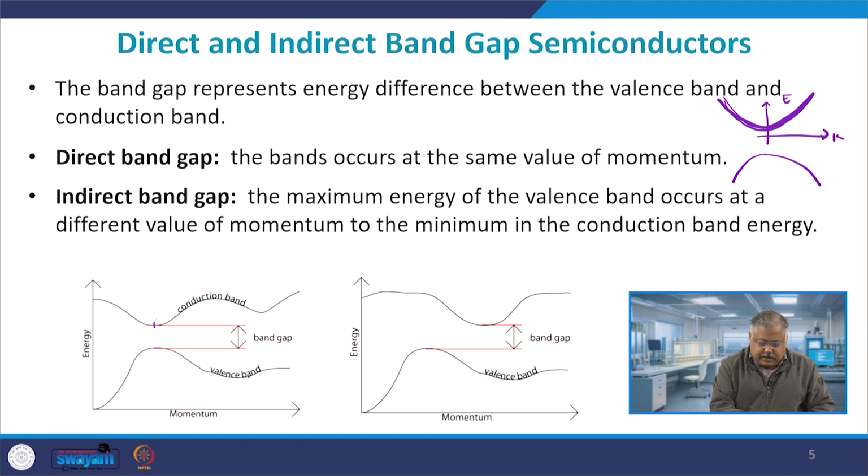The minima of my conduction band and the maxima of my valence band are on the same momentum scale, which means that the momentum is exactly the same, and this is known as direct band gap, which means that they are one over the other and not shifted in K. Whereas, if you look at the indirect band gap material, the maximum energy of the valence band and the minimum energy of the conduction band do not lie on the same momentum, but they are shifted from each other.